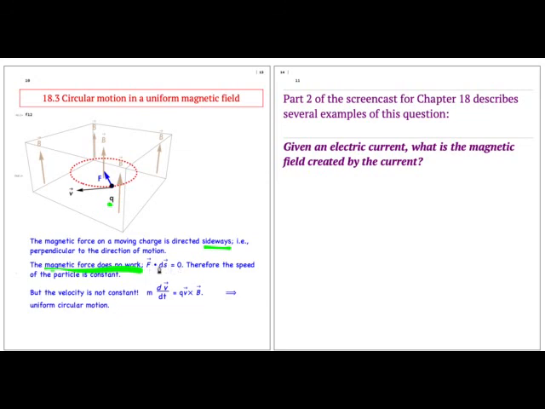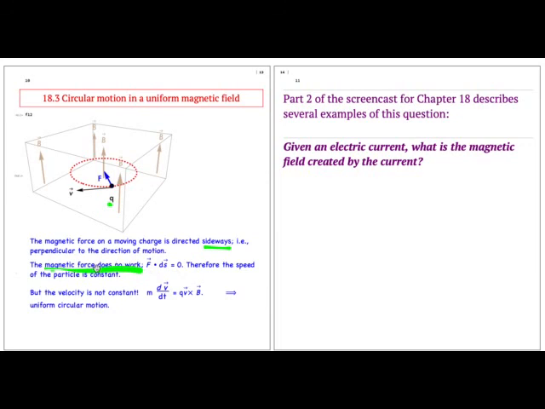Remember, the dot product is force times distance times the cosine of the angle. Well, the angle's 90 degrees. The cosine of 90 degrees is zero. So the displacement, which will be in the direction of v, is perpendicular to the force. So F dot ds, that's the amount of work done for that little displacement, is zero because the two vectors are perpendicular. So the magnetic force does no work.